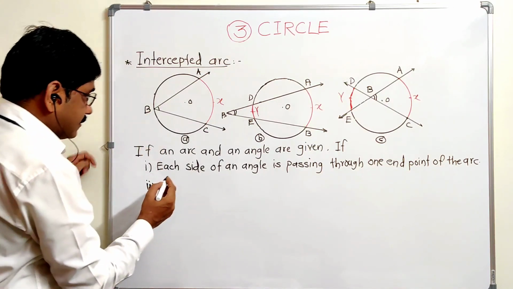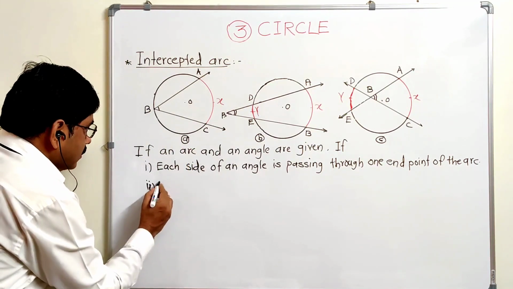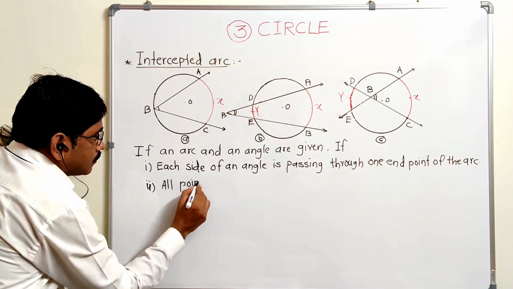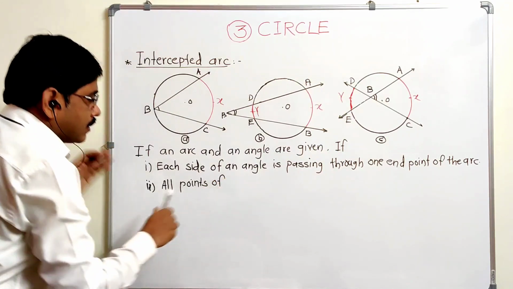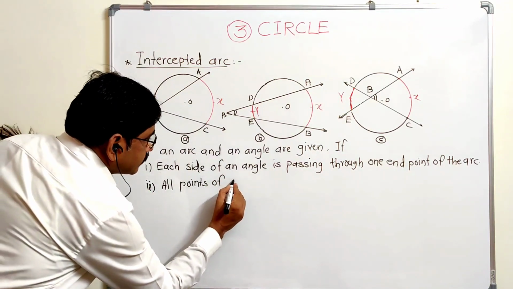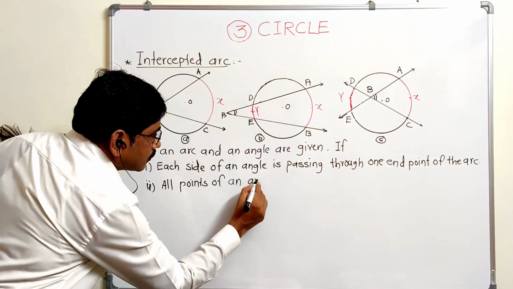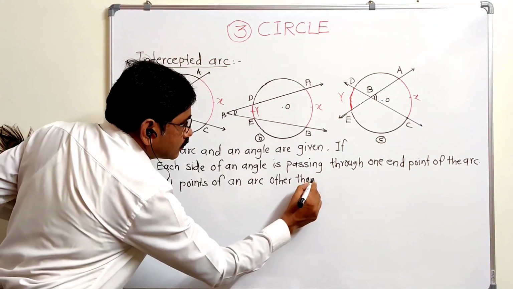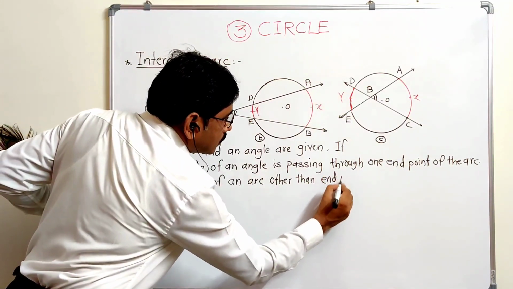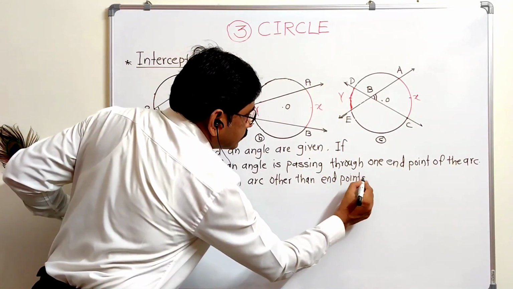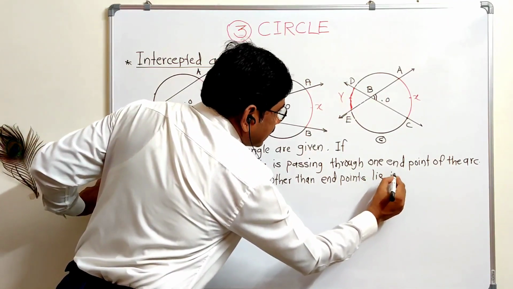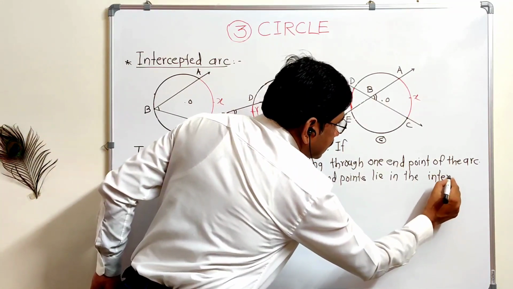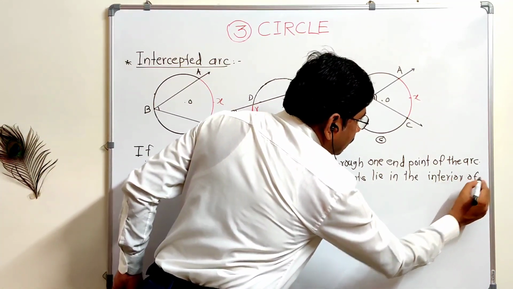So second condition: all points of an arc other than endpoints lie in the interior of an angle.